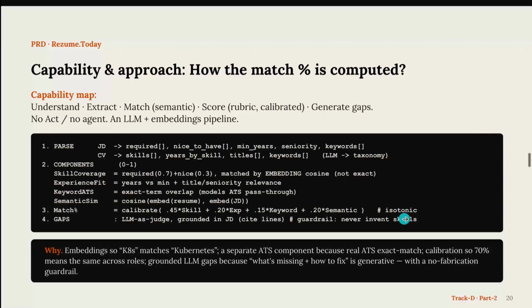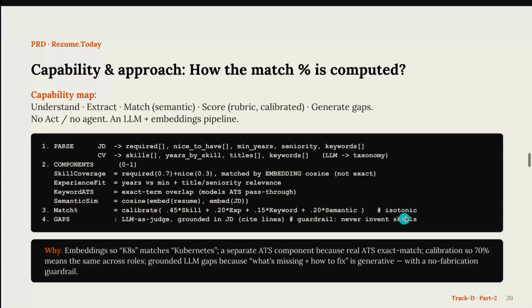So, what will be the quality bar? We need to ensure that the score correlation has a gating of 0.65. Personalized score is 0.55 for each role family. The calibration that we are doing is within 10% of the interview rate. A user should be able to attend an interview rate.